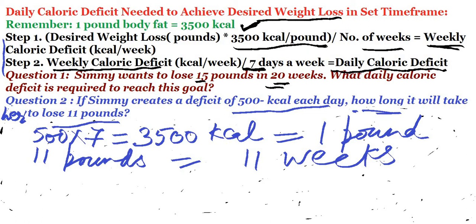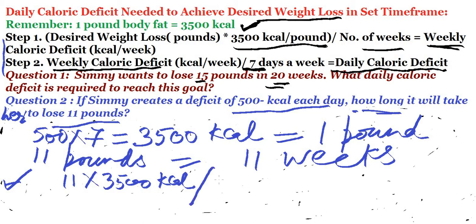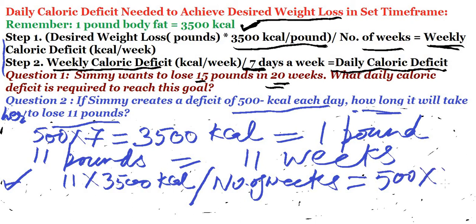Now if you want to do the same as per this formula, step 1: desired weight loss is 11 pounds multiplied by 3500 kilocalories per pound, and number of weeks is not given here, so we just write number of weeks, and weekly calorie deficit we find by 500 into 7.